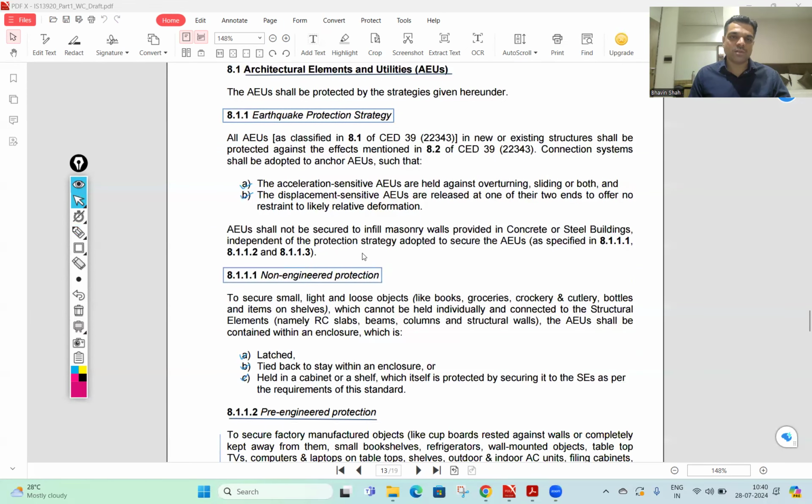So first of all, earthquake protection strategy. All AEUs. Now again, see, if you have referred to this draft document CD 392234, here it is identifying the requirements of AEU in much more detail.